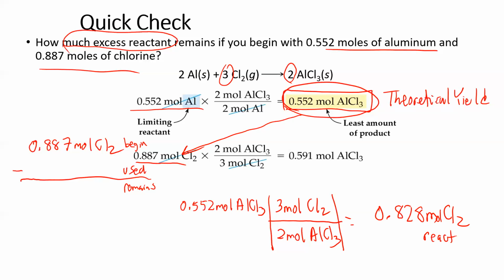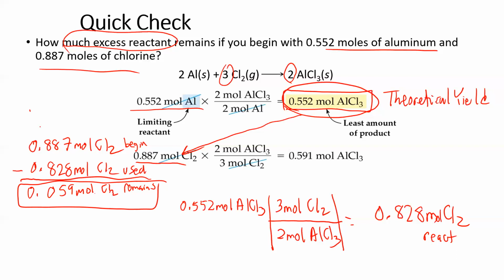So now I put that over here: 0.828 moles of chlorine get used. To figure out how much remains, I do my subtraction. 0.059 moles of chlorine remain. And that would be my final answer.